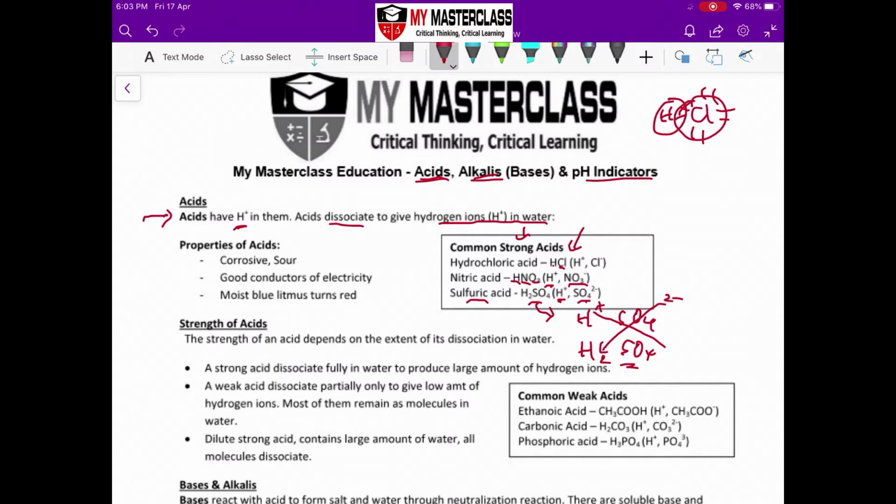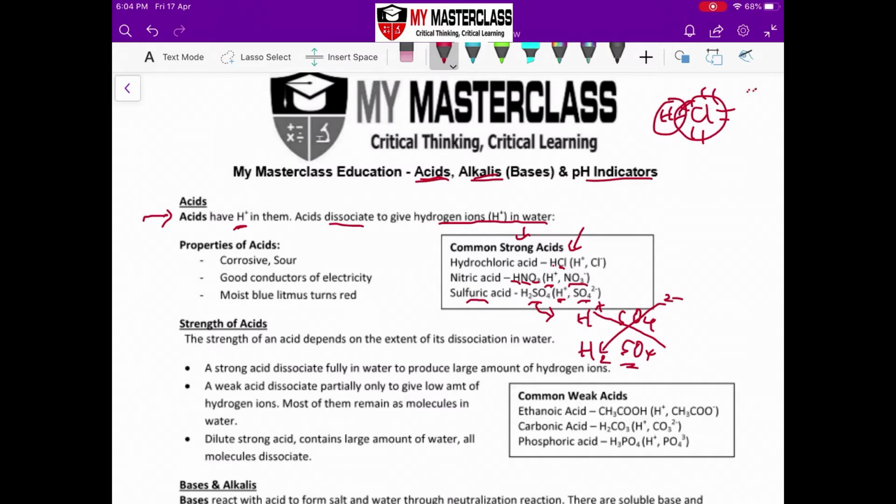Covalent compounds are not soluble in water, but now that it is an acid and it has hydrogen ions, this actually makes it very special. So this type of covalent compound, this acid, will be soluble in water.